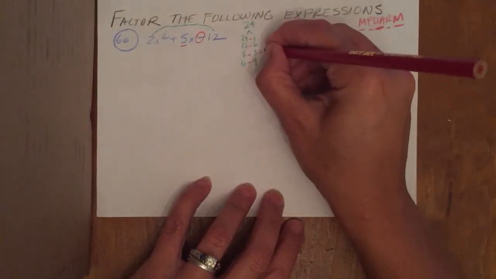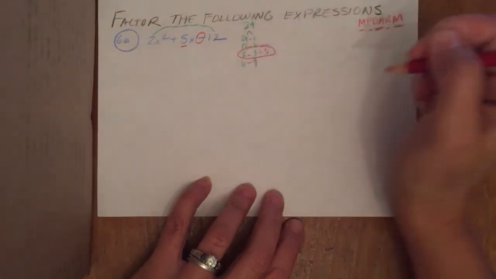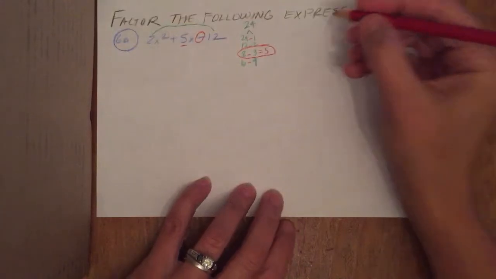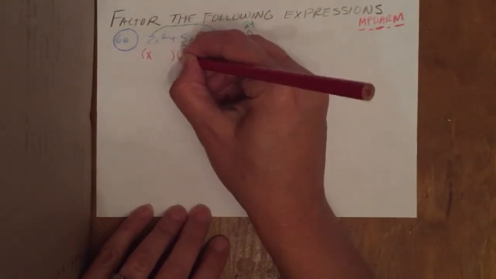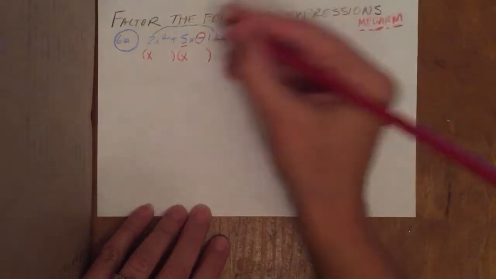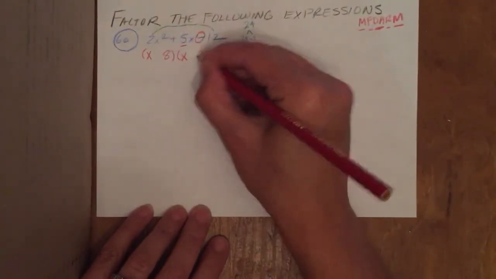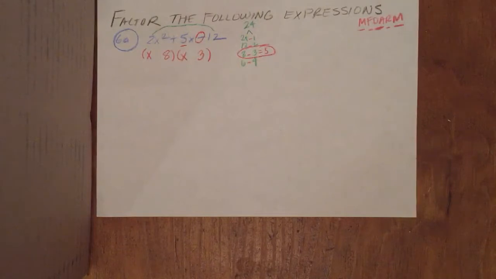And that's going to be 8 and 3 right here. So I'm going to rewrite these factors, and I'm going to put an 8 here and a 3 here. That's how I got my 5.